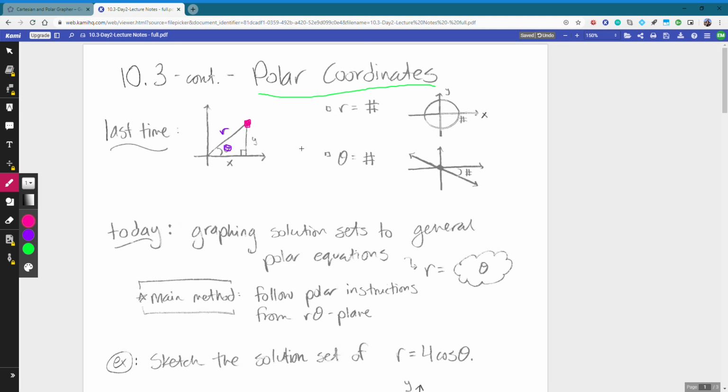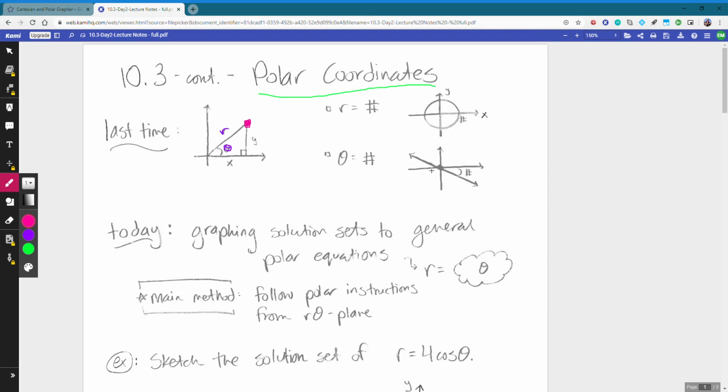We did a number of things, including looking at our formulas that help us translate between polar and rectangular coordinates. We also started looking at some solution sets to equations. We looked at solution sets to our coordinate equations, r equals some number, theta equals some number.